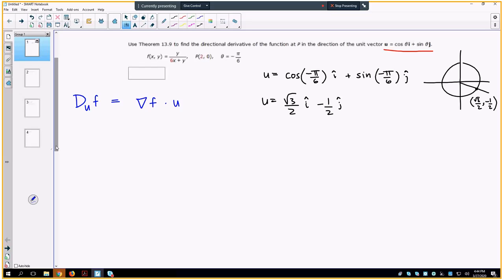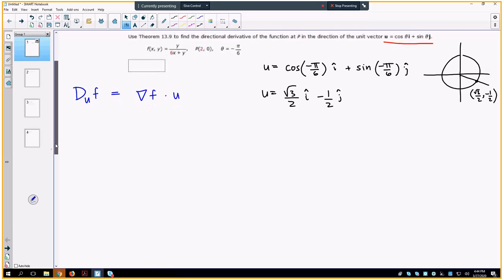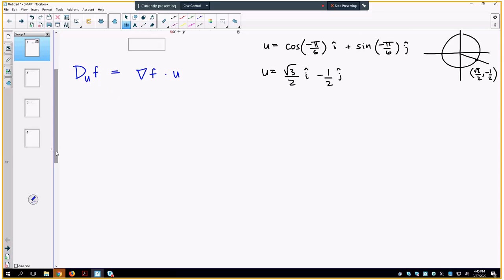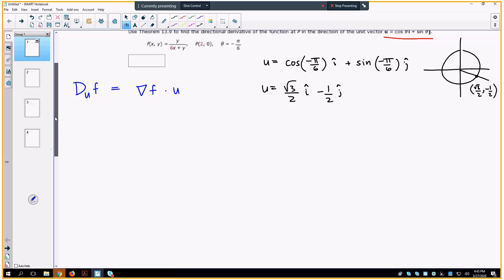So the gradient of this function, we need the partial derivative with respect to x and y. So the gradient is going to be the vector that is made up of del f del x and del f del y.